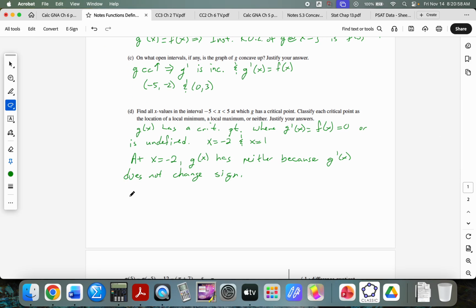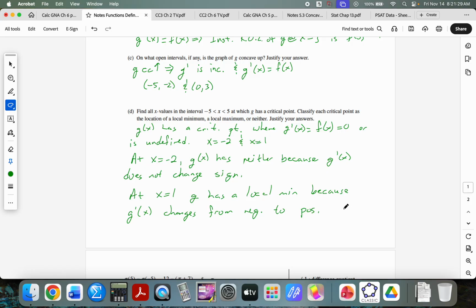So at x equals 1, g has a local minimum because g prime of x changes from negative to positive.